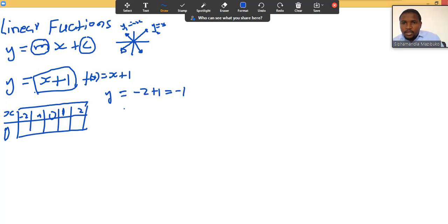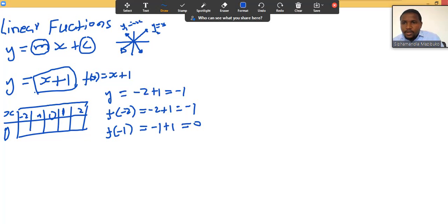This can also be written as f(minus 2) is equal to minus 2 plus 1 is equal to minus 1. It's the same thing. Let's look at x is equal to minus 1. f(minus 1) is equal to minus 1 plus 1, which gives us 0.